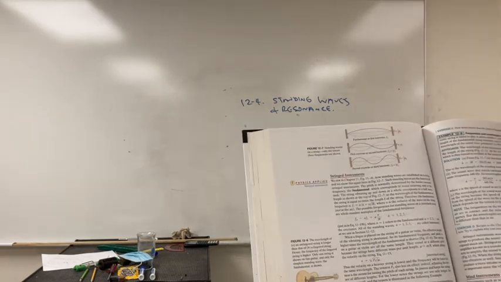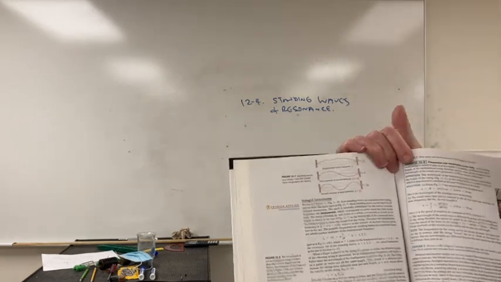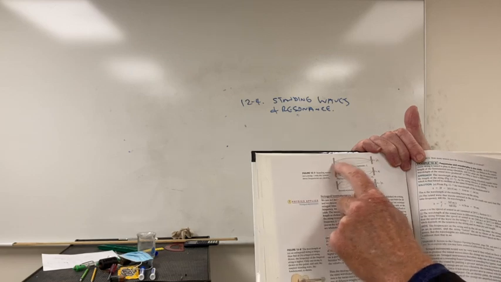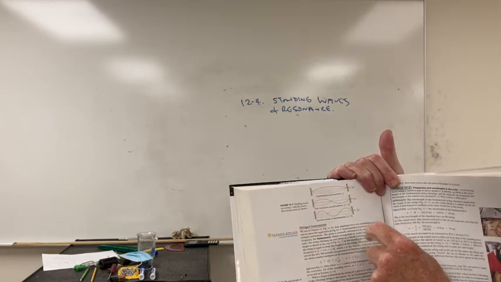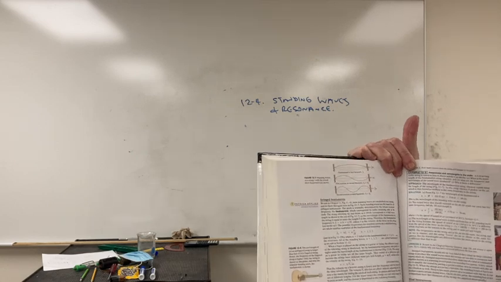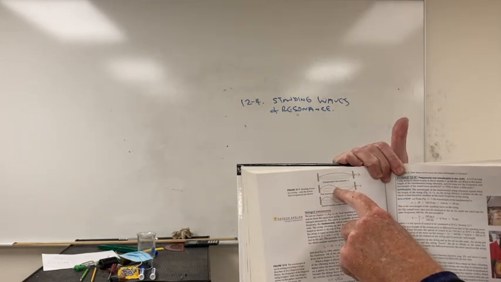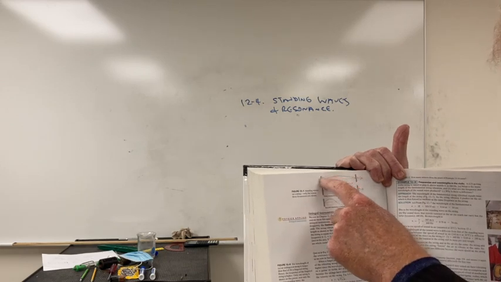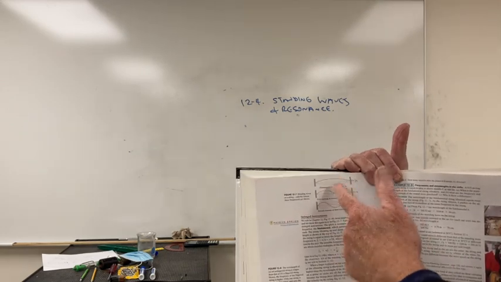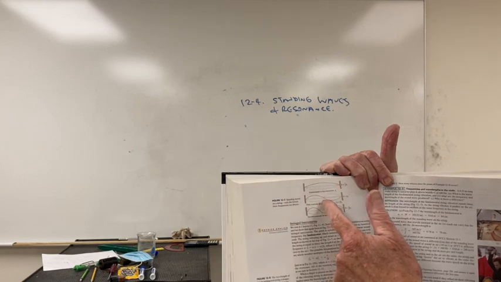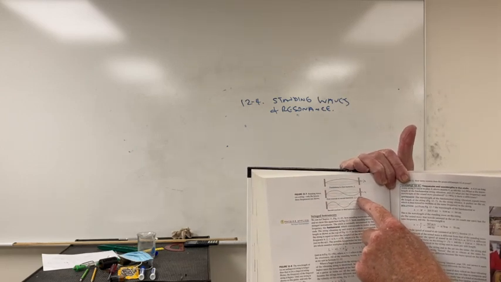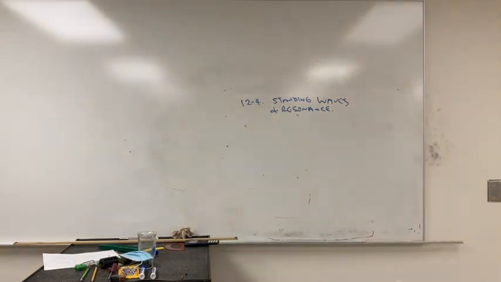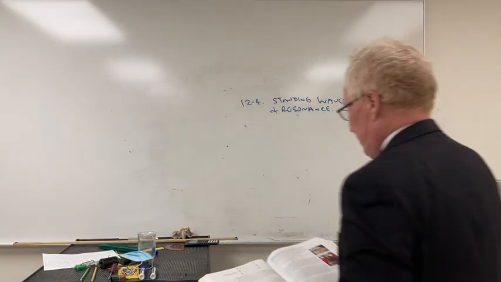In a standing wave, we have nodes at both ends, and the mode number, so lowest frequency, first harmonic, has just one antinode. The second one has 2 antinodes, the third has 3 antinodes, and such.